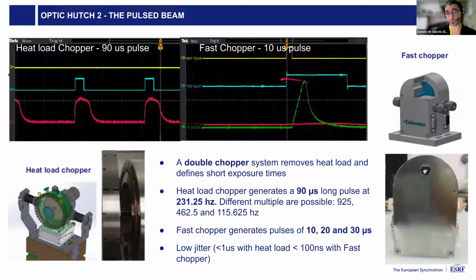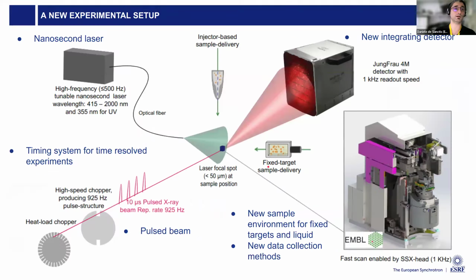This profile shows the intensity of the beam, and it's quite interesting to see that these glitches that you see over here are not noise, but rather are the single bunches in the hybrid mode of the filling of the ring that we see passing by.